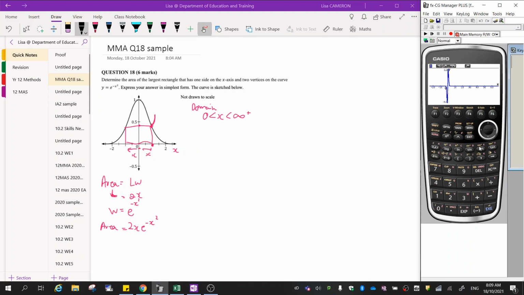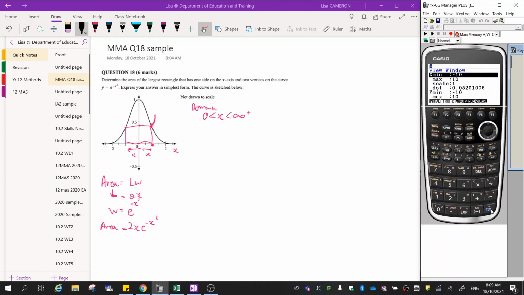Okay, and now I am just going to adjust my view window because this thing isn't giving me quite what I want. Let's just make it a square. Nope, that's made it worse. View window, standard, draw. All right, live with that.